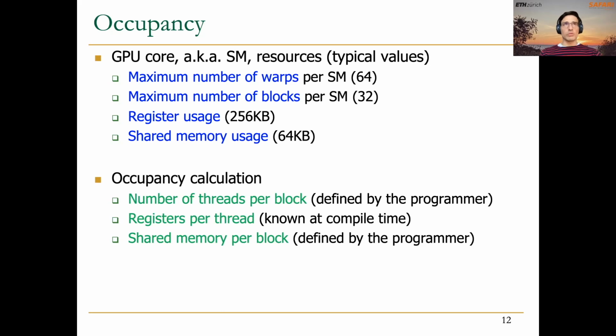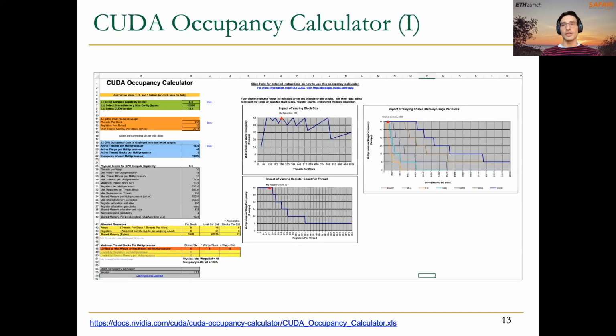We could perform the calculation of the occupancy manually, but over the years we have been using a very useful tool, an Excel sheet called the CUDA occupancy calculator. As you can see here, it's parameterizable depending on the compute capability, or the GPU architecture. In this screenshot, the numbers are for compute capability 8.6, which corresponds to the Ampere architecture. This Ampere architecture has, in this particular case, 64 kilobytes of shared memory.